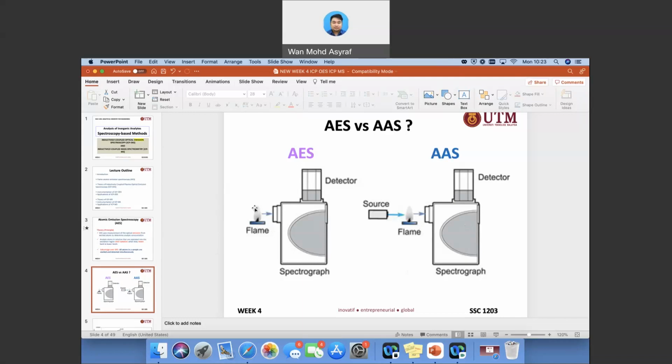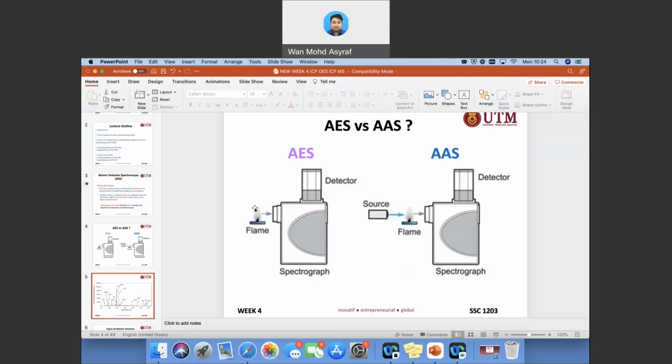So the process of excitation, and then goes back to ground level, emit radiation, then there goes your emission wave, which is very characteristic toward each element. Okay, so if there is a question of how you are going to differentiate between AES and AAS, this is how you will answer. Okay, all right.